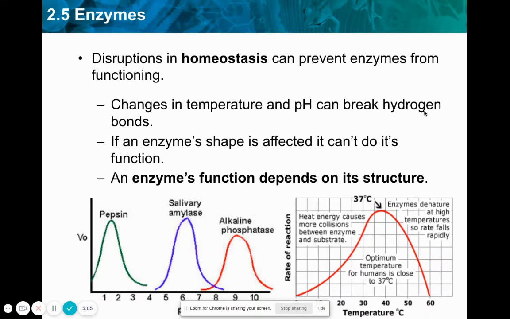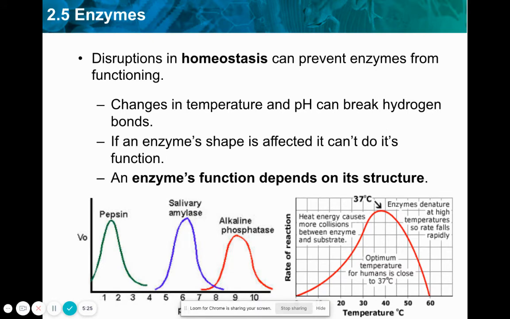Now, whenever anything happens that disrupts homeostasis in the body, this can affect how these enzymes work. Now, we already know that enzymes are proteins, and the issue with proteins is that they are super sensitive to any changes in the environment around them.